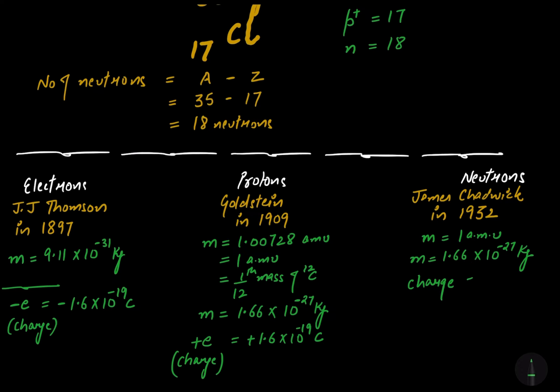And the charge on neutron comes out to be 0. So I have talked about the electron, proton, and the neutron. The mass of neutron comes out to be 1 AMU, it's 1.66 into 10 to the minus 27 kilograms, and the charge is 0.